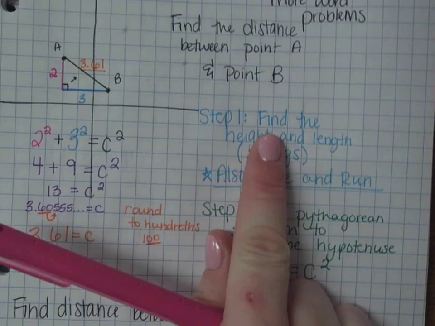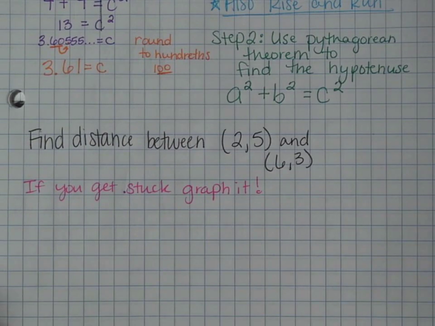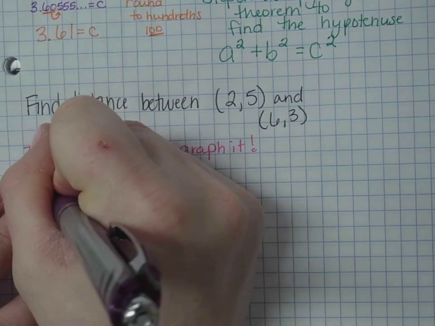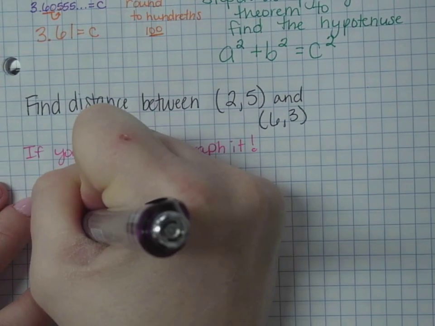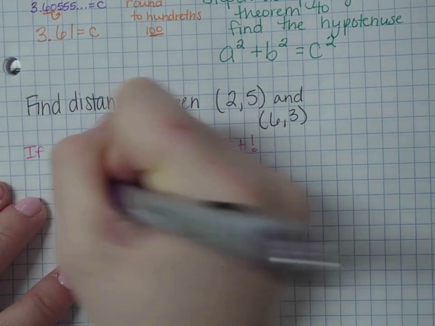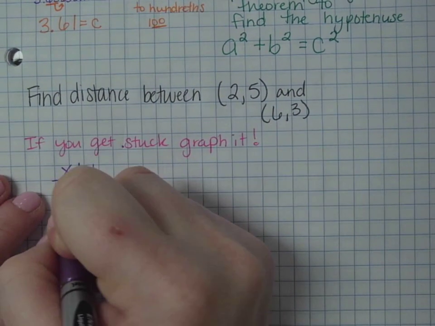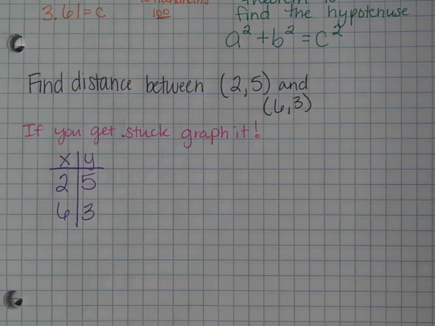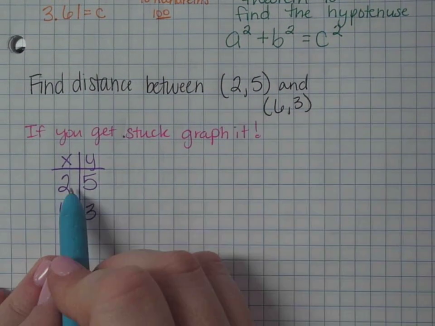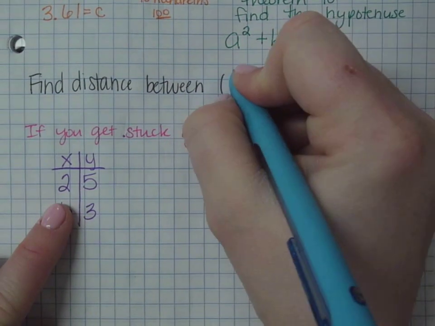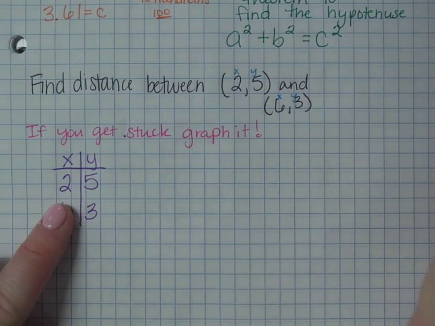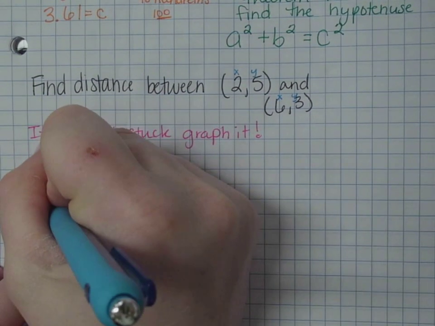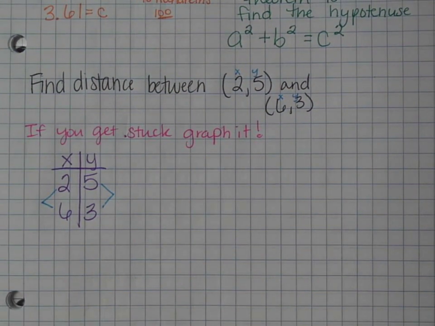But I'm going to use these same steps, but I'm going to do it using a table. So if I take these 2 points and I place them in a table, X, Y, and then I do 2, 5, and 6, 3. Remember it's X, Y. Now, I want to find out how much that changed.